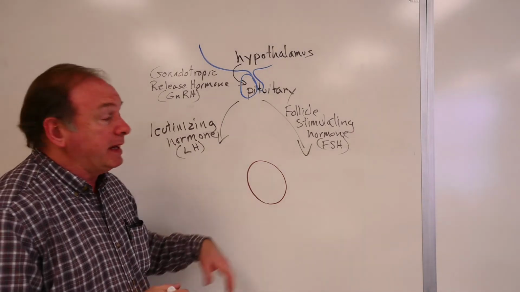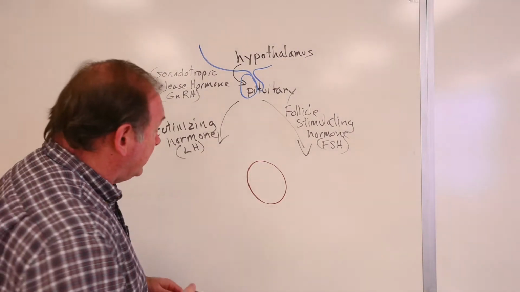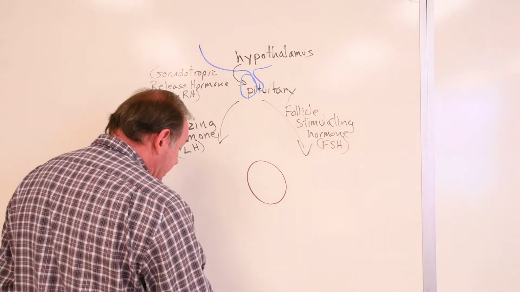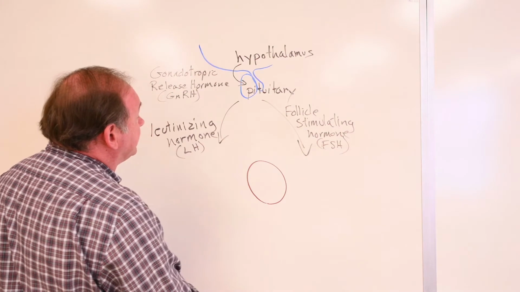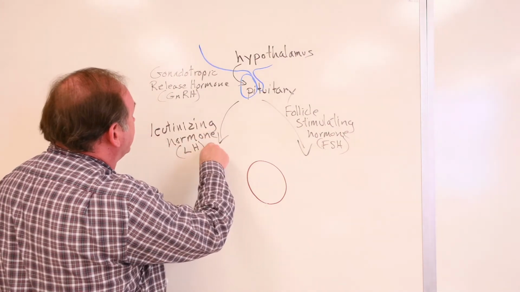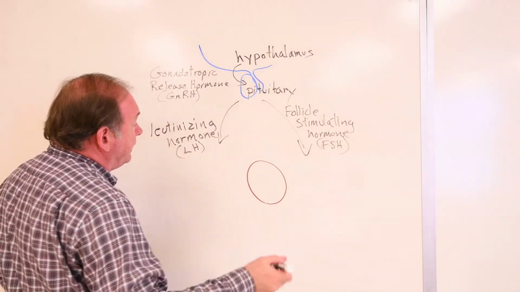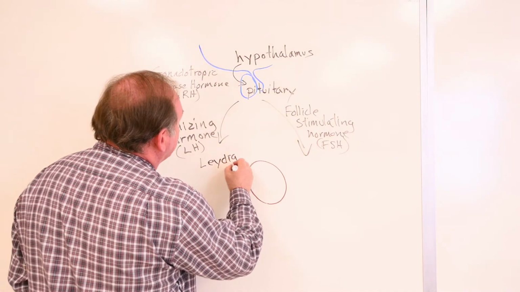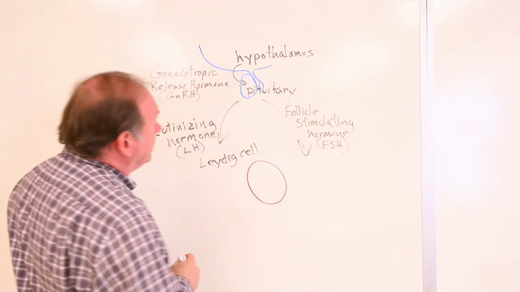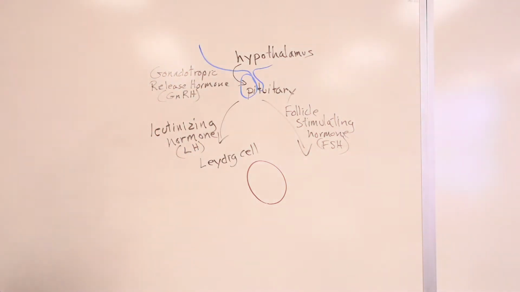Both of these have their effect in the testes, but in different tissues of the testes. The affected tissue for luteinizing hormone, the target tissue there, is the Leydig cell of the testis.